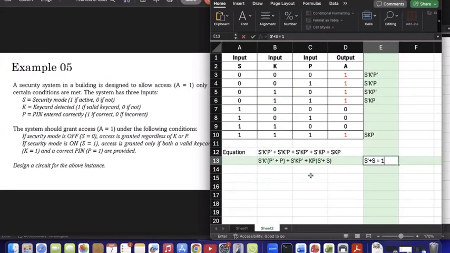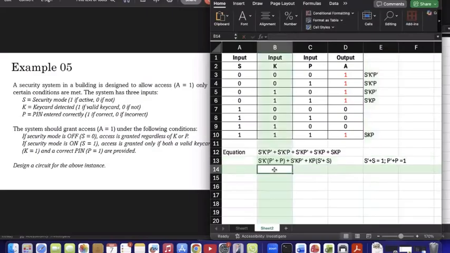But if you show it with a method, it is good because you won't miss anything. Even in the other instance, P bar plus P is equal to 1. If it is MCQ or something, no problem. But if it is an essay or structured question, try to write step by step. At least if you miss something in the middle and your final answer is wrong, at least the steps can give you marks. Right? So what we are left with, I will write again.